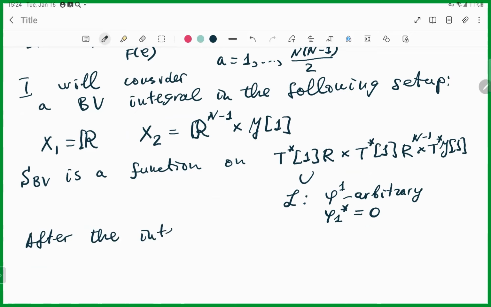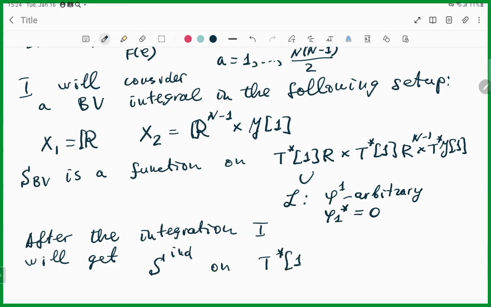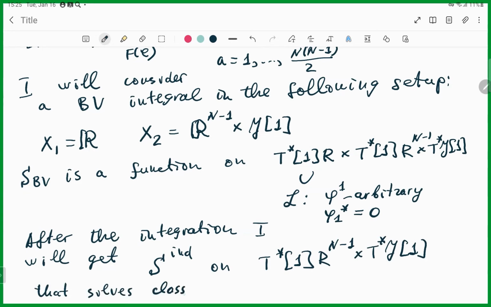After the integration, I will get S induced on the rest that solves the classical master equation.